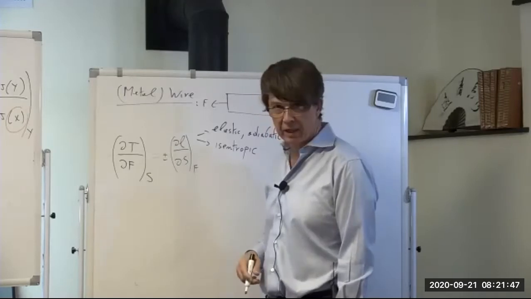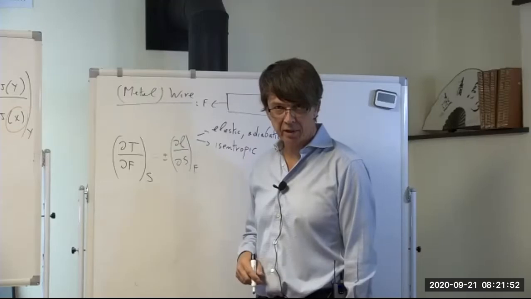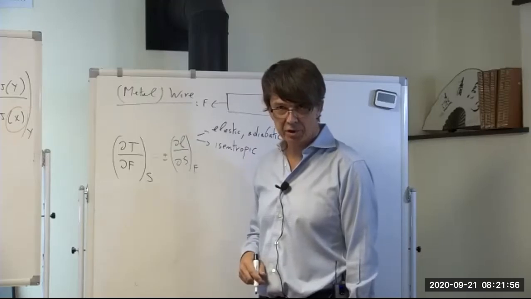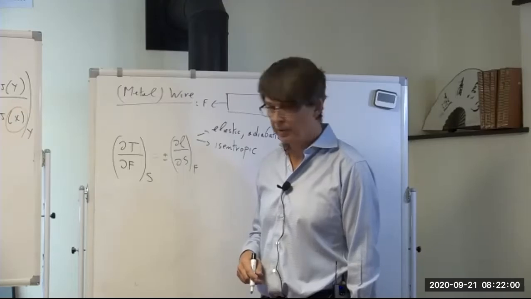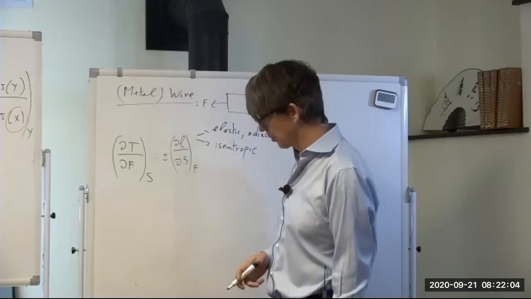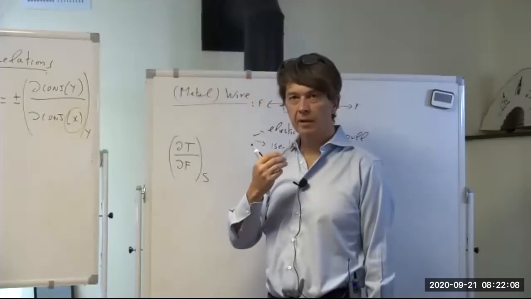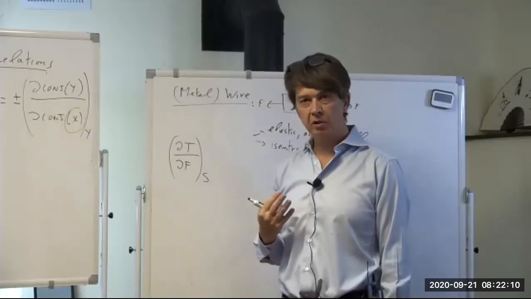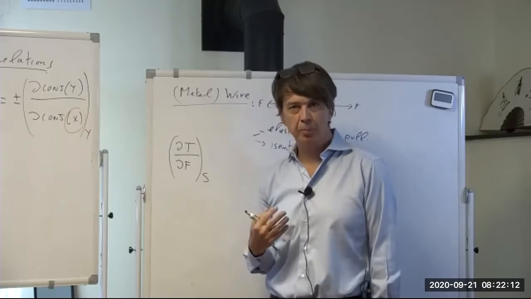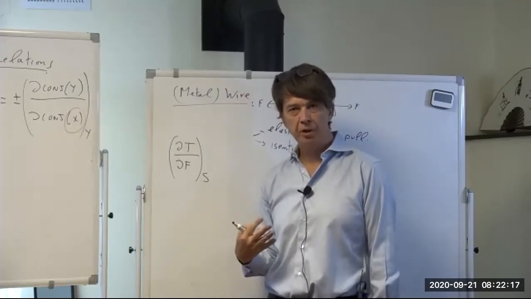I really have no idea how length changes with entropy, and the reason is that we don't know any physical quantities at constant entropy. We usually know them at constant temperature or at constant pressure.